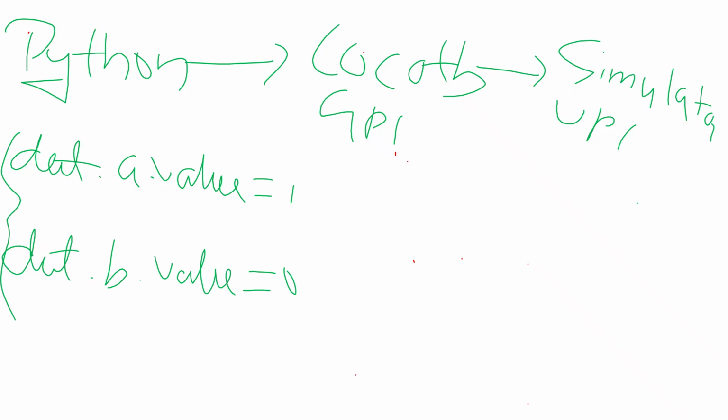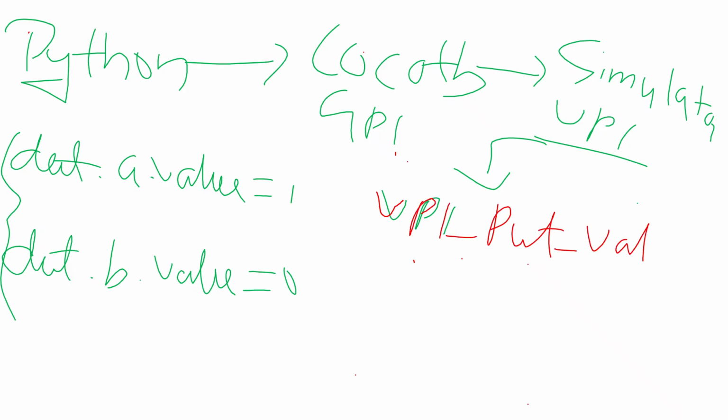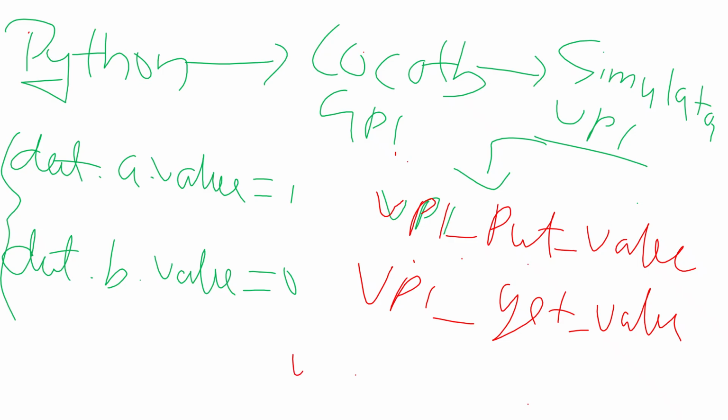In order to drive the signal on my RTL, GPI calls the VPI interface, and VPI has three handles: VPI put value, VPI get value, and VPI register CB, register callback.